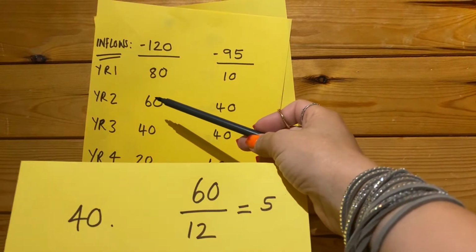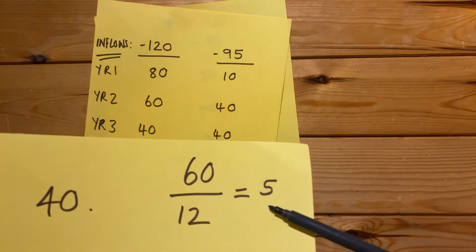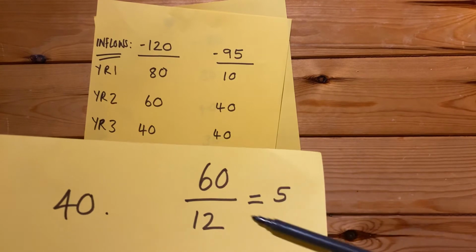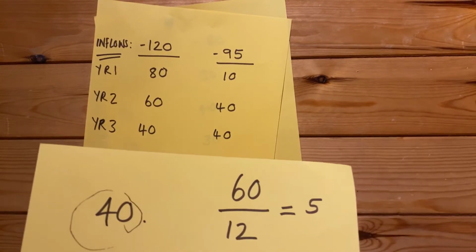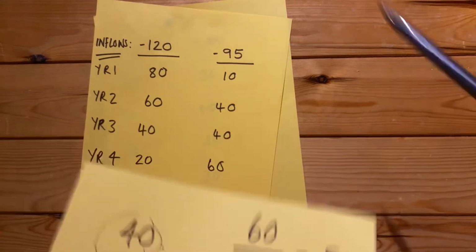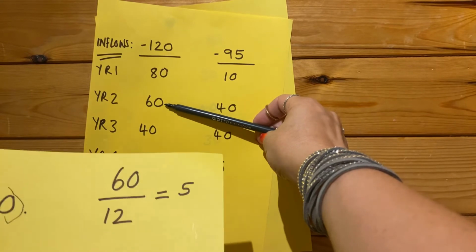Are we all happy with that? So how many months is it going to take at £5 a month to get to that 40? We can count quite quickly, that's 8 months. So this project is going to take 1 year, 8 months.